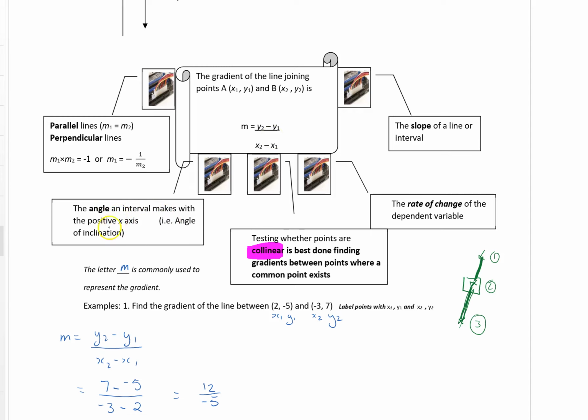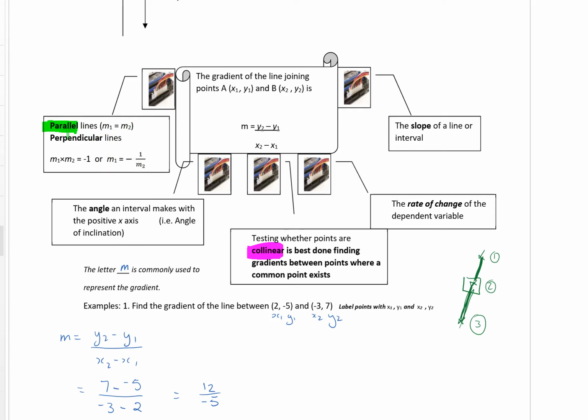The angle the interval makes with the positive x-axis is also the gradient, and the gradient in the form of rise over run, which is the tan of the angle, and you'll come across that. And certainly these are really common. Parallel.